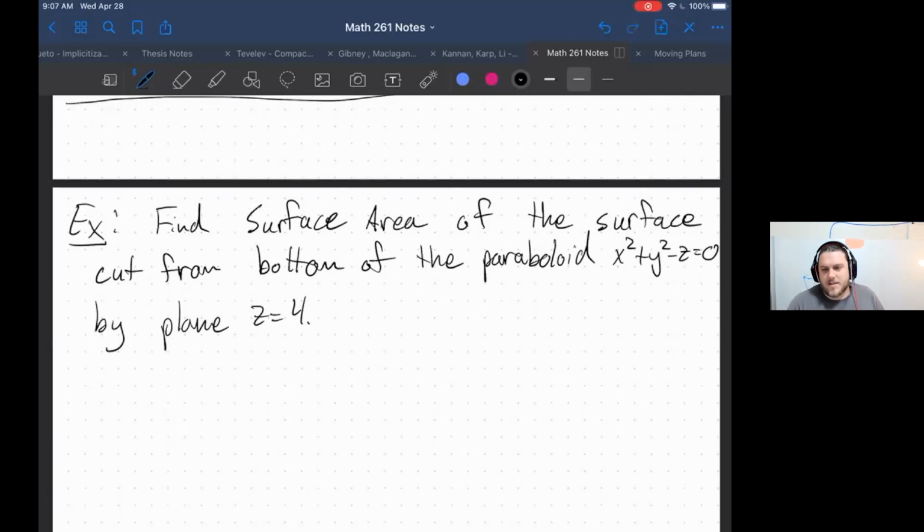The idea is, a paraboloid in this case is an upward-facing bowl that goes off to infinity. Think of it as a parabola in the x and y directions. And so what this says is, we're cutting it at the plane z equals 4, and we're taking the bottom part of it.